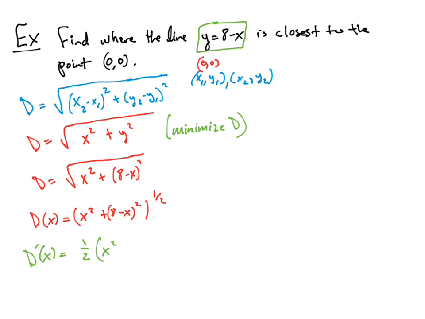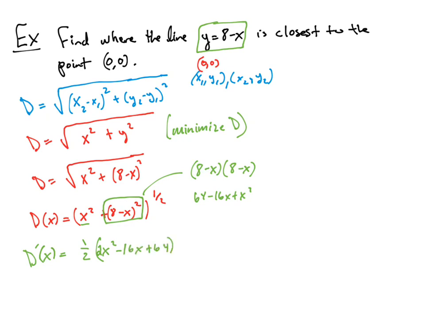Actually, before I get to this, I want to expand the (8 minus x) squared. So I'm going to expand this. So we get 64 minus 16x plus x squared. When I add that to this x squared, I'm going to end up with 2x squared minus 16x plus 64.